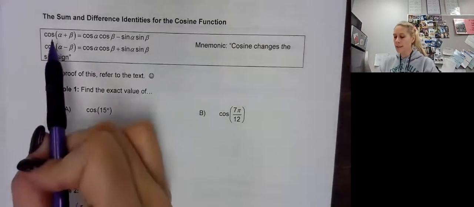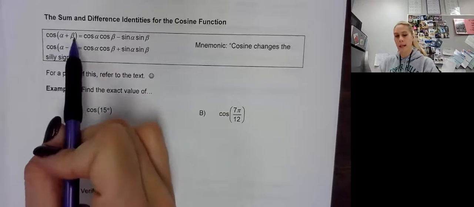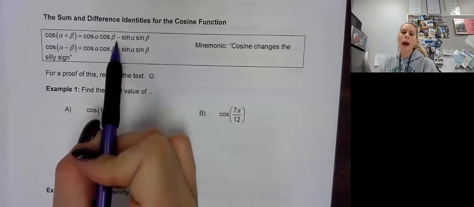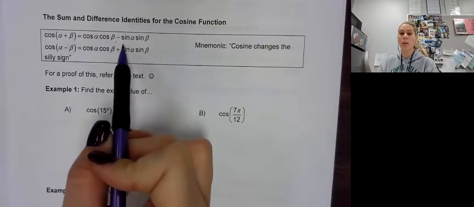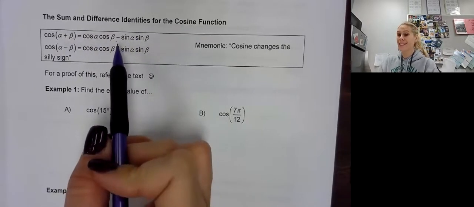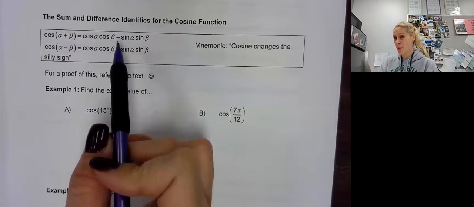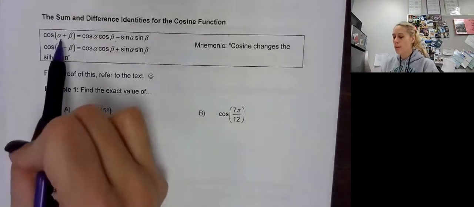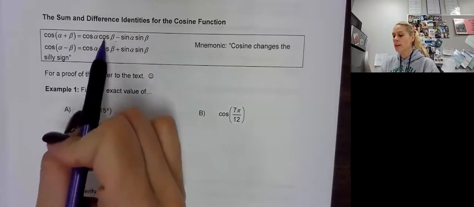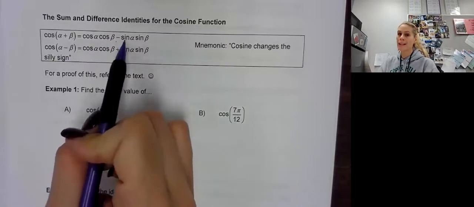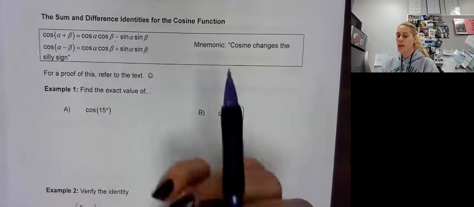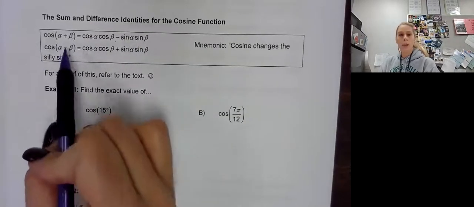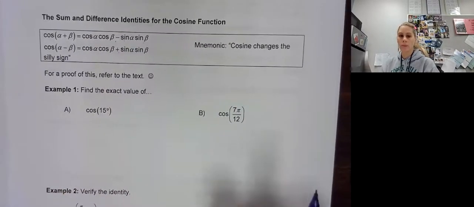In other words, if we see cosine of alpha plus beta, it's going to be subtraction in our identity that we're going to use. The idea is we're not going to use our calculator anymore with this. It has to be exact. Okay, so cosine alpha plus beta is cosine alpha times cosine beta minus sine alpha sine beta. Same thing down here with the subtraction. It just turns into addition.